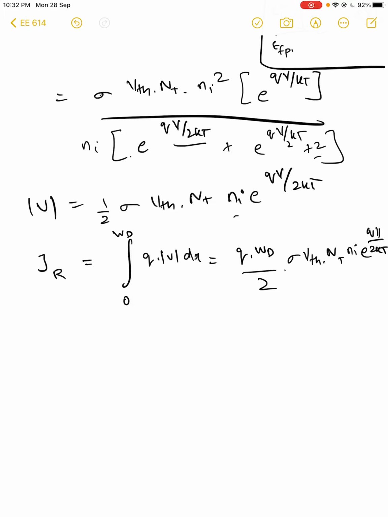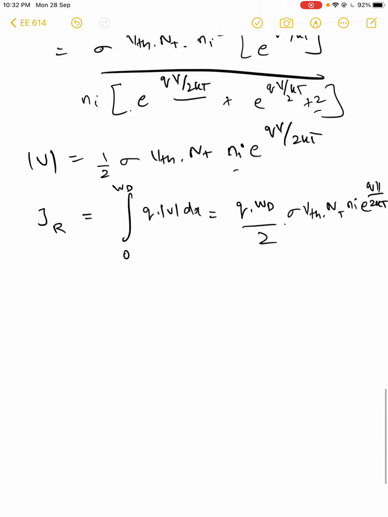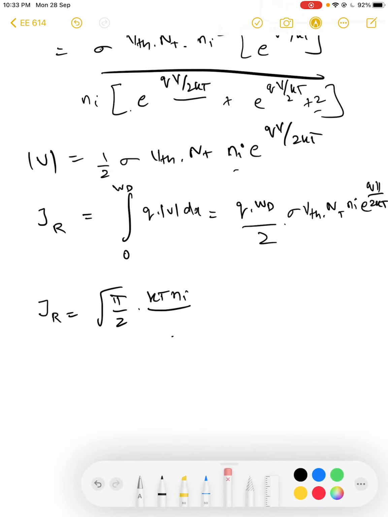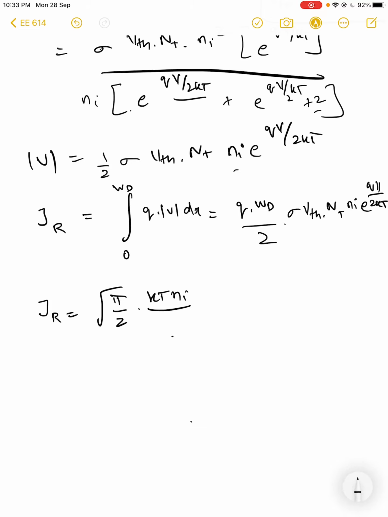I have assumed larger voltage biases and all these things. If all these things are properly estimated, the actual recombination rate was estimated to be kT ni by epsilon, so basically by E. E is the applied potential, because this determines the actual width of the depletion region, right?